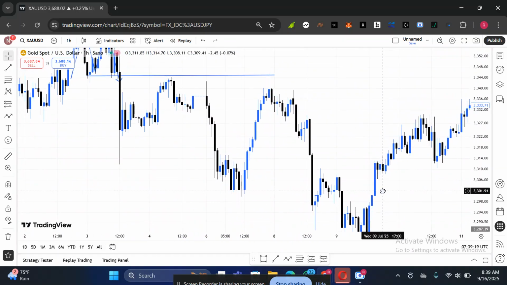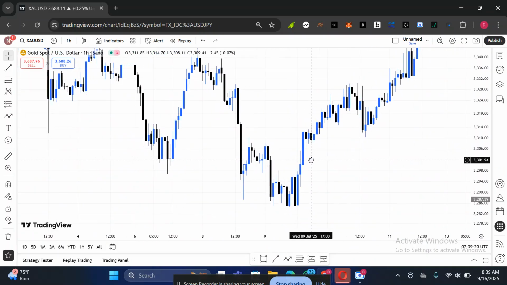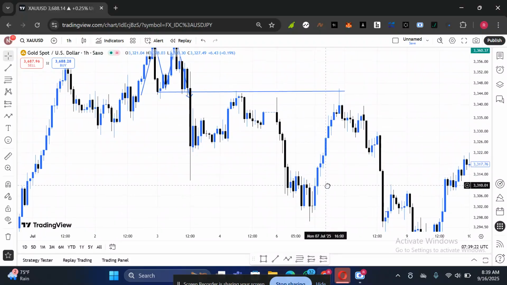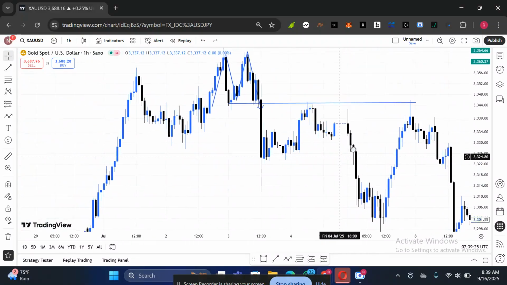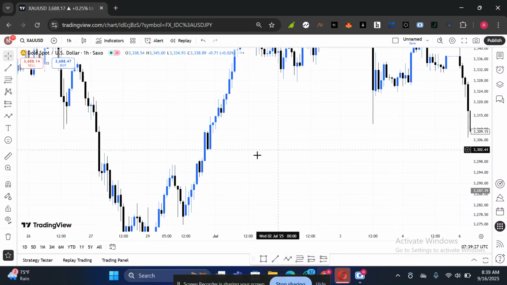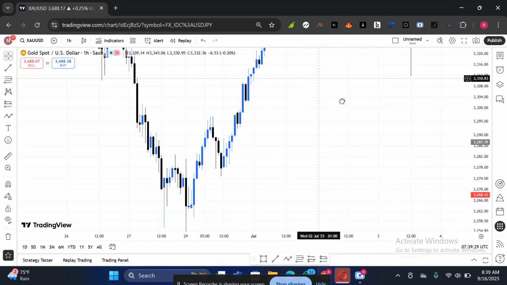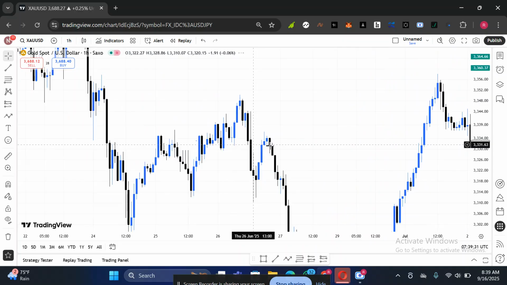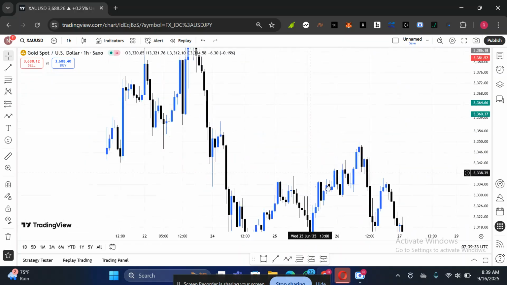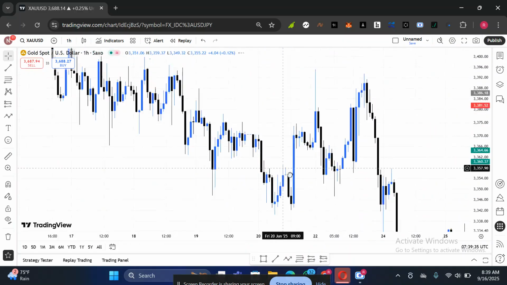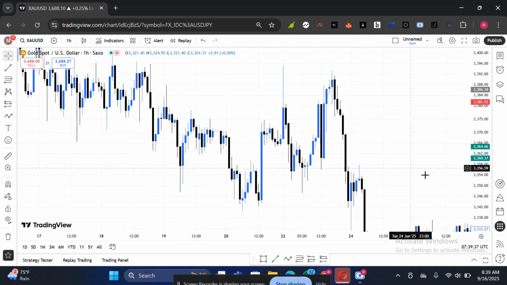You can see that is how they normally play out. That is how the markets can always be sometimes. So you just have to know when to get in and when not to get in. As simple as that. So let's quickly look out for more if we can easily find. You can see I've been seeing double top and double bottom.